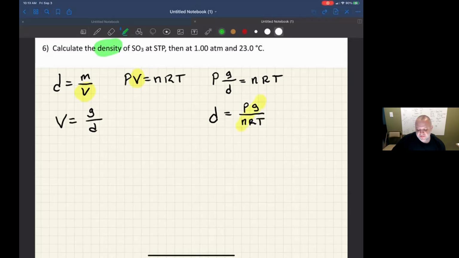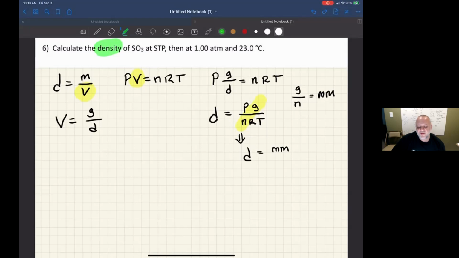Now look, here's something that should be familiar to you. What happens if I have grams over moles? Grams over moles equals the molar mass. And that's important because the question doesn't actually give us a lot of information as far as the number of moles or anything. But it does tell us the identity of the gas, and that's important, because if I have the identity of the gas, then I can calculate its molar mass.